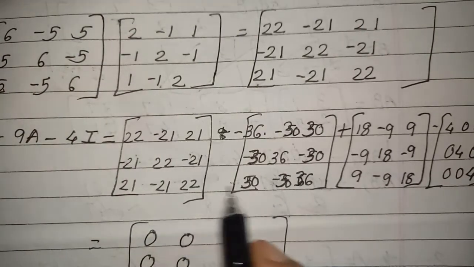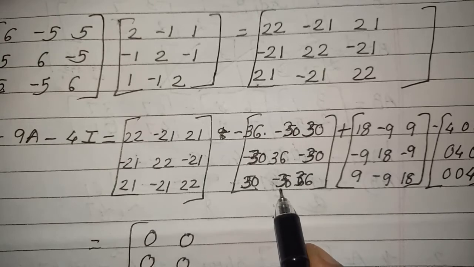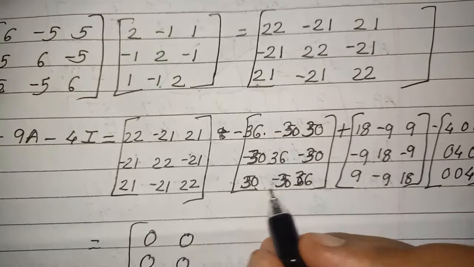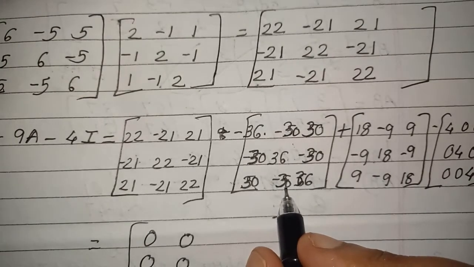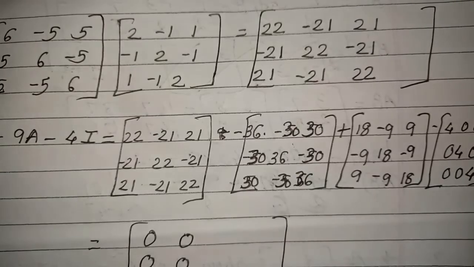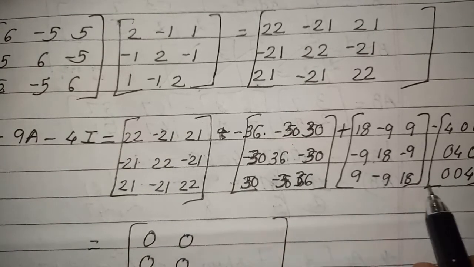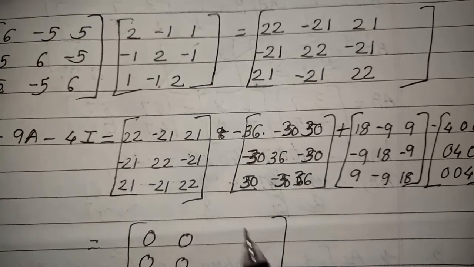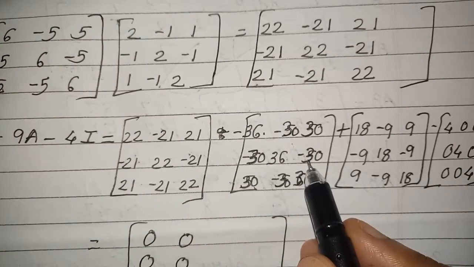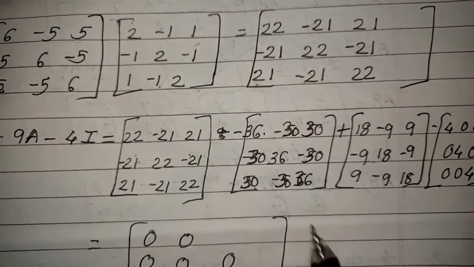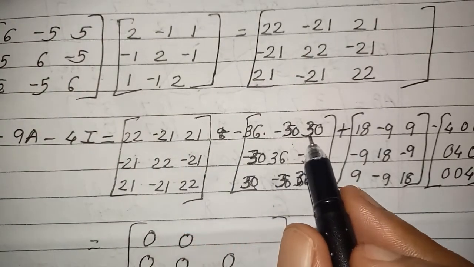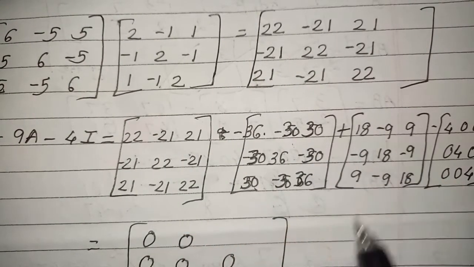So 21 minus 21 minus 36 is minus 21 plus 36, it is 30. Minus 21 plus 30 is 9. 9 minus 9, 0. 22 minus 36, minus 14. Minus 14 plus 14, 0. Minus 21 plus 30 is 9. 9 minus 9 is 0.